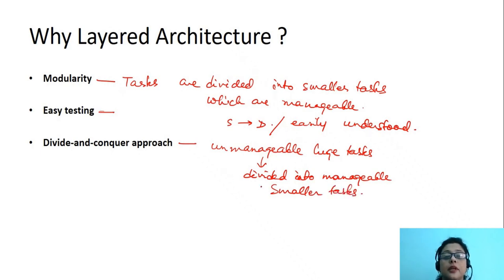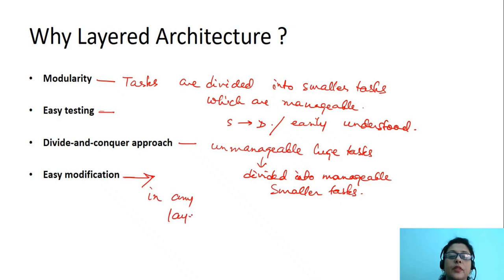So even if there is some problem in one layer, it will not be reflected into the other layer. An easy modification may be done in any layer, independent of other layers.